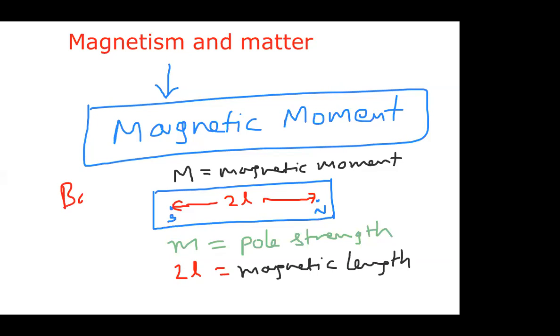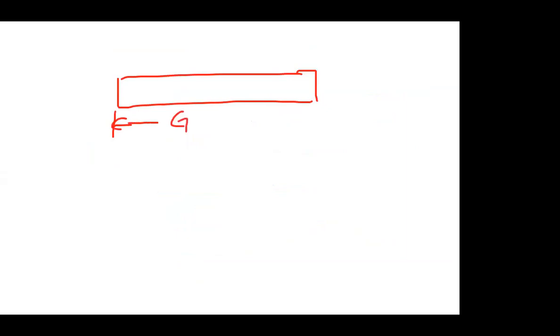One important point to note: whenever you take a bar magnet, the distance from one end to the other end is called geometrical length. And the distance between the south pole and the north pole is called magnetic length.